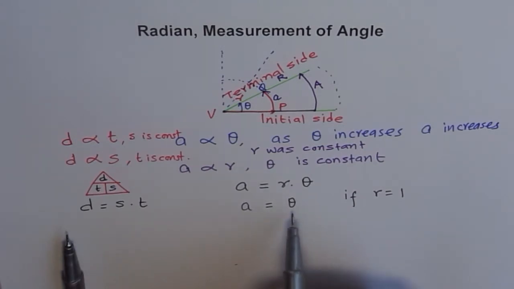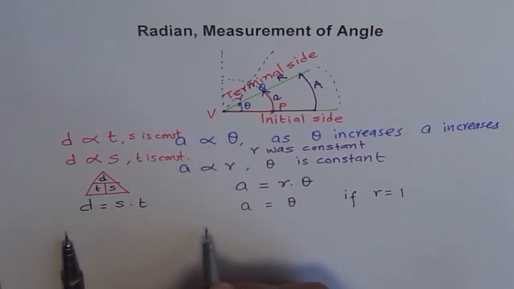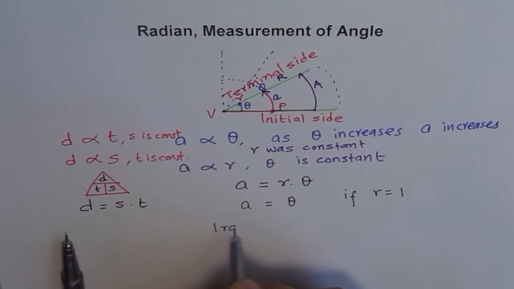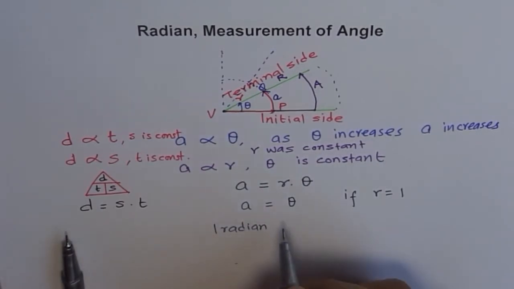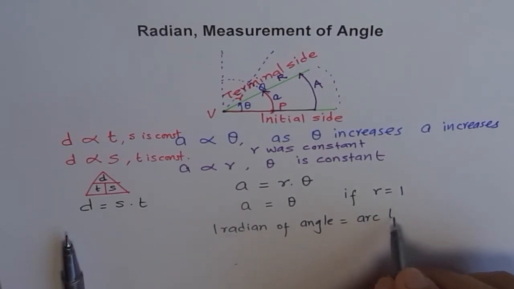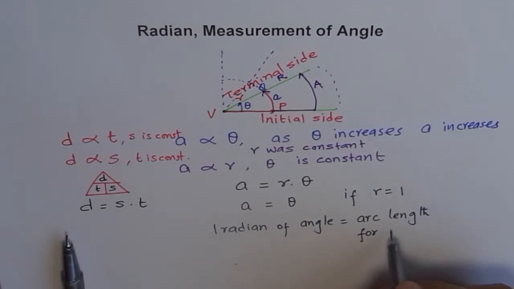And we call this theta the measurement of an angle, and the unit was radians. So we say 1 radian. Now theta equals arc length, so 1 radian of angle is equal to the length of the arc, arc length, for a radius of 1 unit.